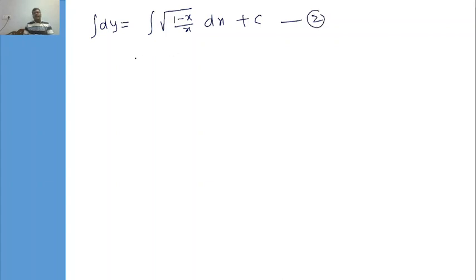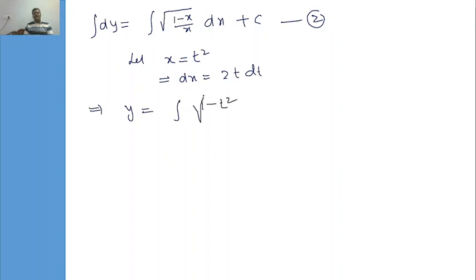Now take the substitution method. Let x equal to t square, which implies dx equal to 2t dt. By using this, integral of dy equal to y, integral of square root of 1 minus t square by t square into dx equal to 2t dt plus c.